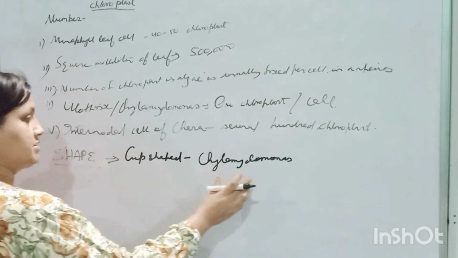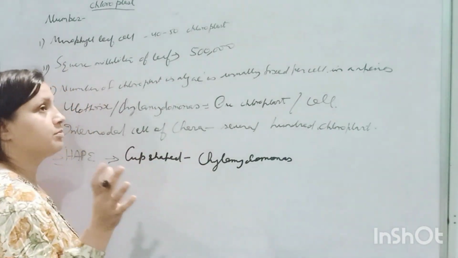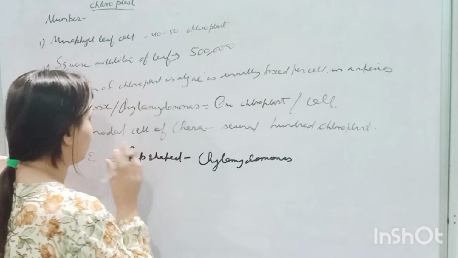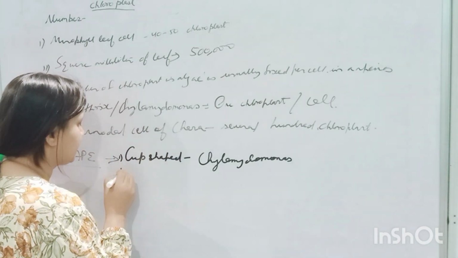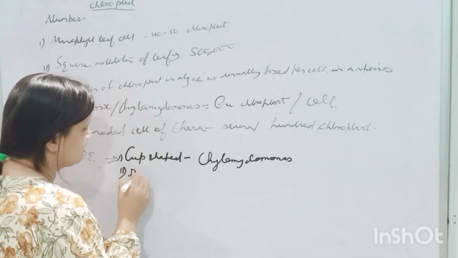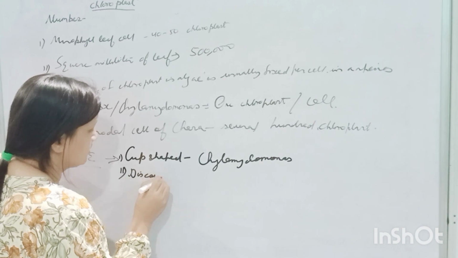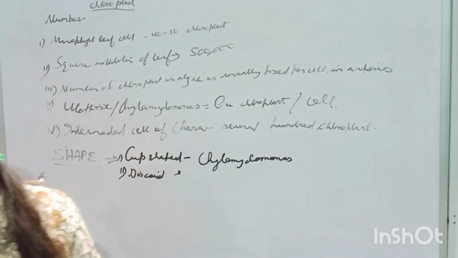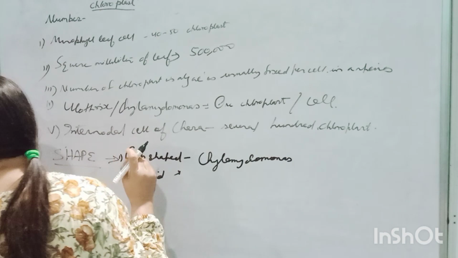Chlamydomonas is a unicellular algae where the chloroplast is found in a cup shape. Discoid shape is found in Vaucheria.